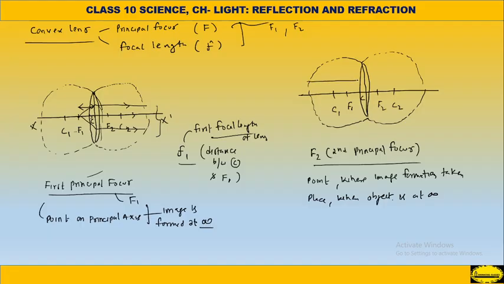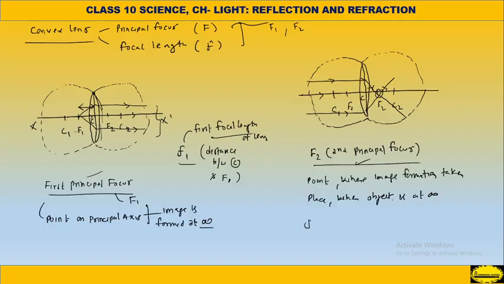Let the incident light rays come from the object and fall on the refracting surface. After refraction, the light rays pass through f2. So these rays will meet at f2, and here the image formation will take place. When light rays come parallel to the principal axis from the other side, after refracting from the surface of the convex lens, they pass through the point f2, where image formation takes place. That is the second principal focus.